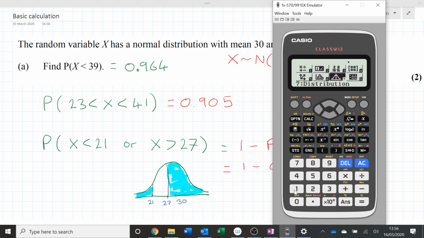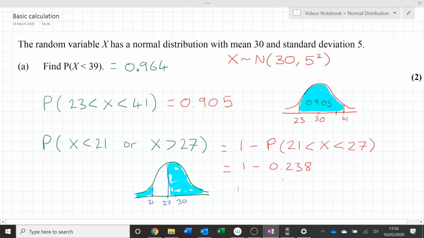I'm now going to go back to mode 1, just my normal calculator screen, and I'm going to do 1 minus alpha A, and that's going to do 1 minus that value, which is the answer I want, 0.762. So I can write my answer as 0.762.